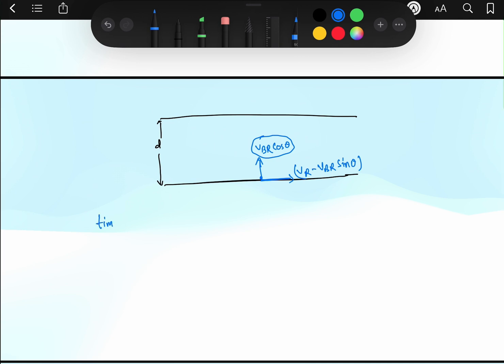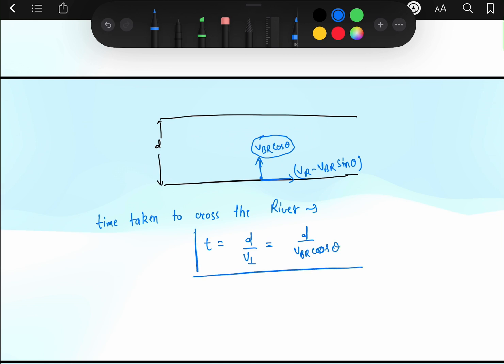So time taken to cross the river is t equal to d divided by this V perpendicular component, which is the component responsible for the crossing of the river. So t is d divided by Vbr cos theta. This is the time required for the boatman to cross the river.